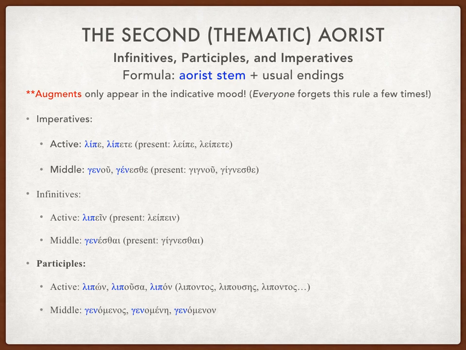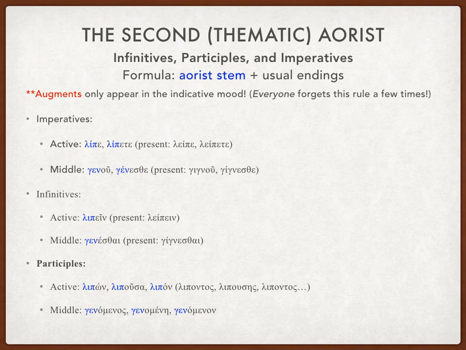Pretty simple. The middle is also going to be the same as what you've learned for middle participles. So gen is my stem for gignomai, if I want to use it in the aorist. Add omen to make it a participle sound, and os, a, on. Genomenos, genomene, genomenon are all the aorist participle of gignomai. Very simple. So nothing new here.